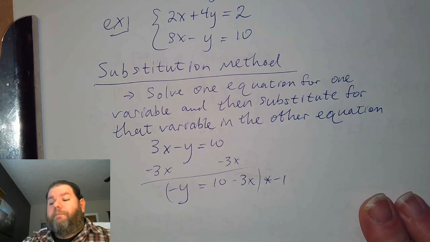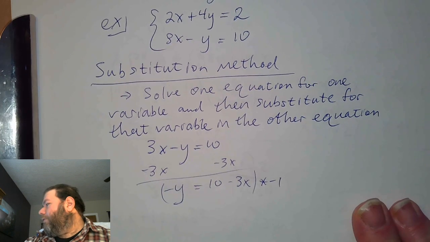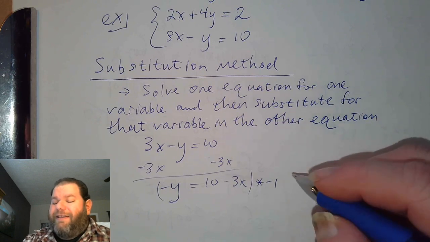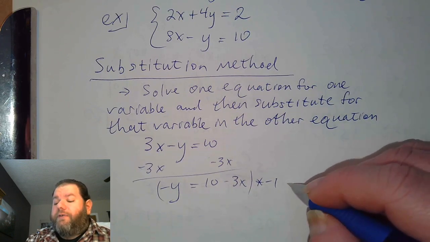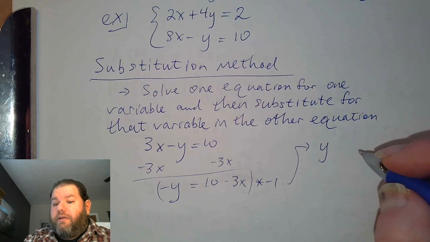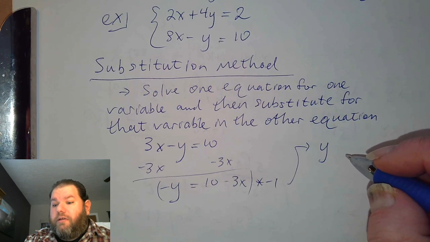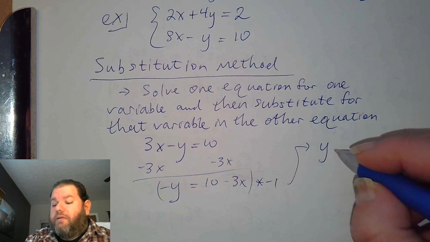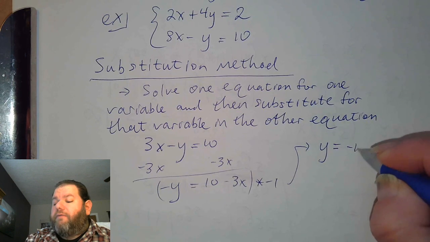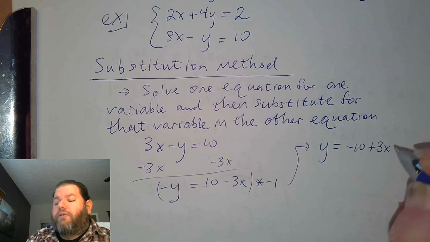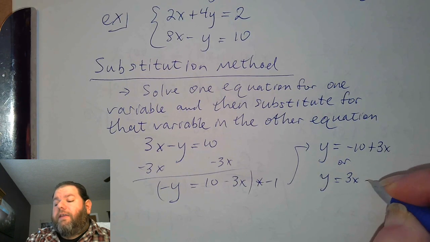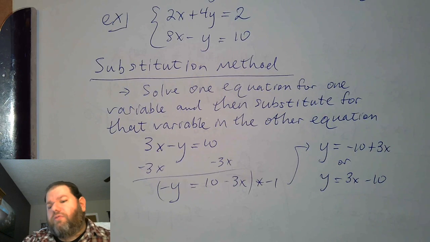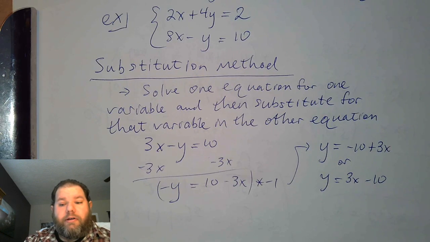Anyway, so we end up with y equals negative 10 plus 3x, or we could just say 3x minus 10. That's probably more of a normal answer there.